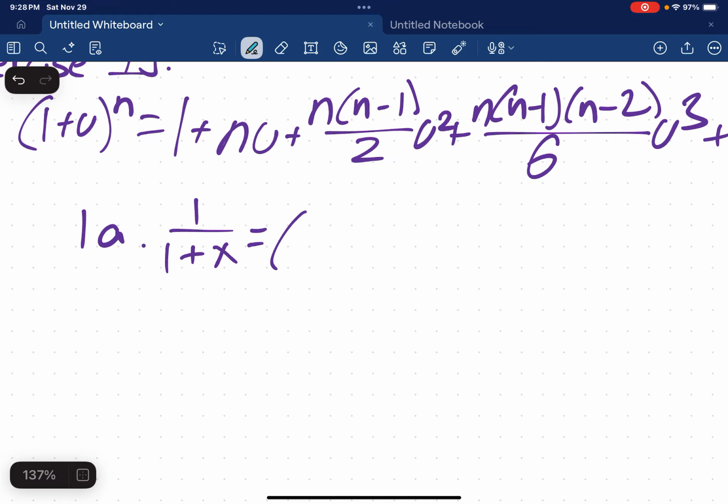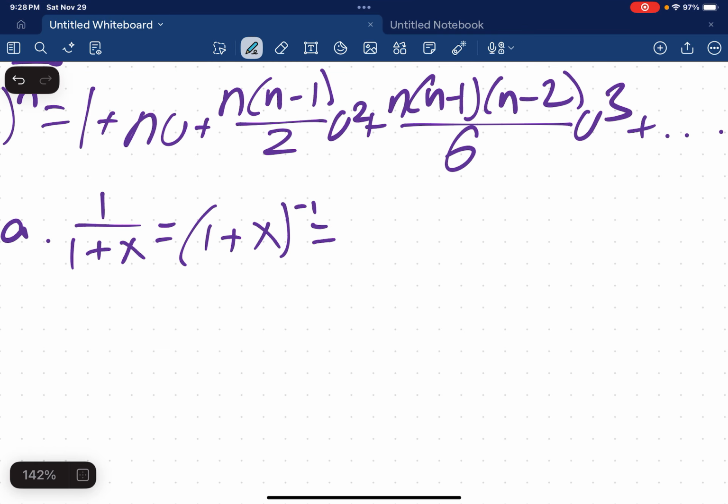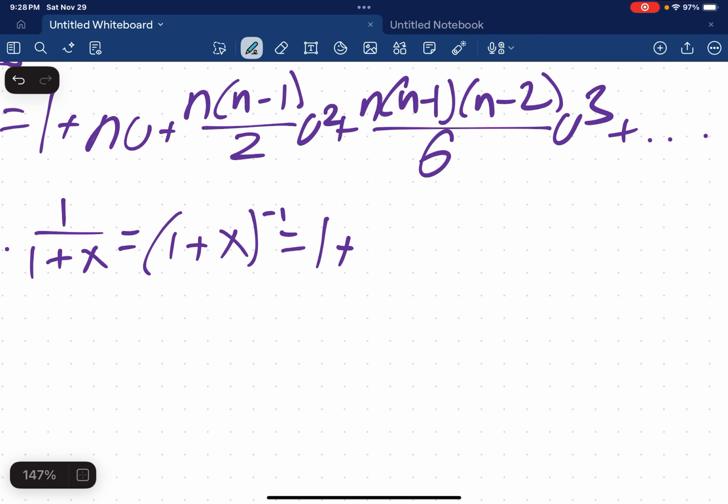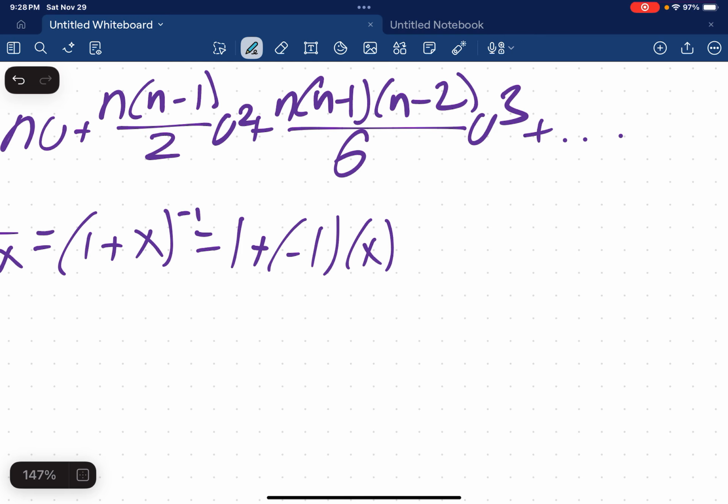This is just going to be equal to 1 plus x to the negative power, and now we have our little thing from earlier, which means that we can start writing this as 1 plus n times u. In this case, u is x and our n is -1, so we have -1 x, plus n, which is -1, times n minus 1, which is going to be -2, over 2 factorial x squared.